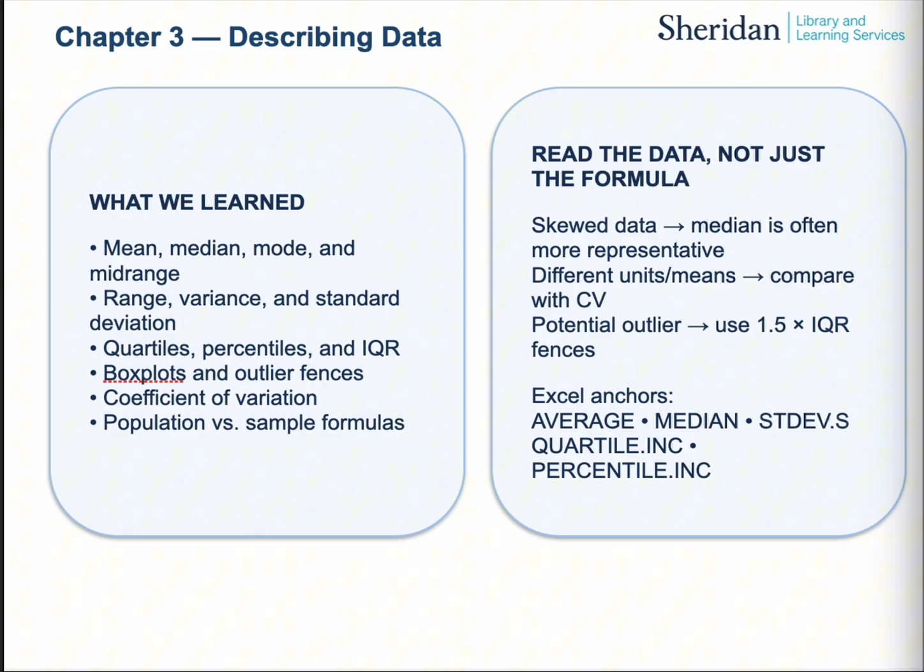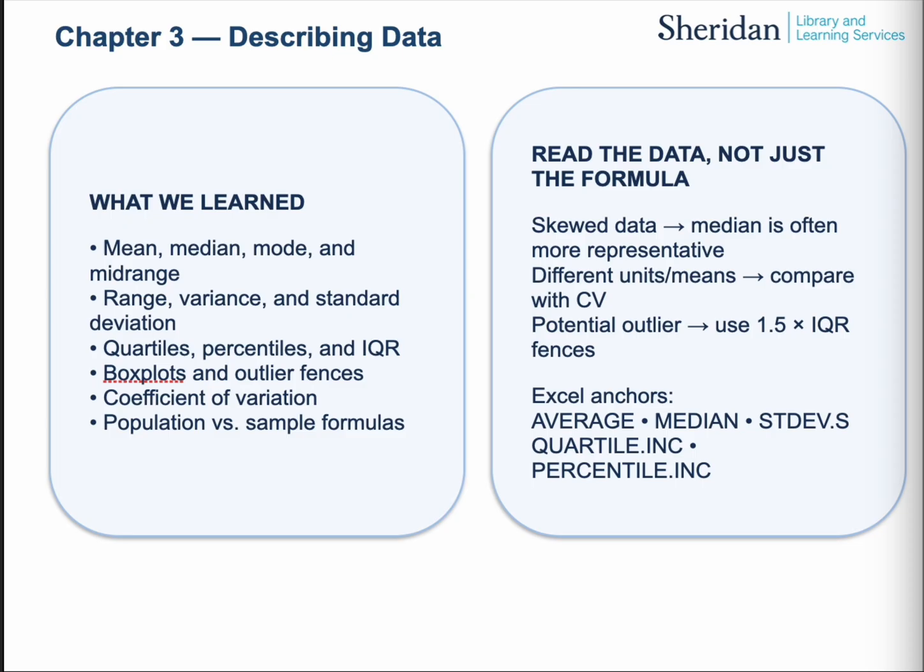The standard deviation is simply the square root of the variance, and because it has the same units as the original data, it is often easier to interpret. A small standard deviation means the data are clustered closely around the mean, while a larger SD indicates greater variability.